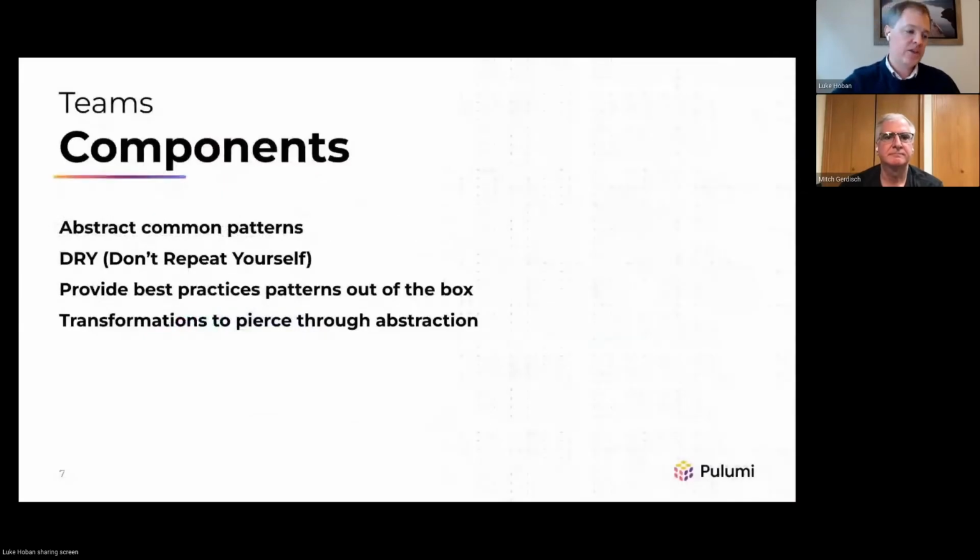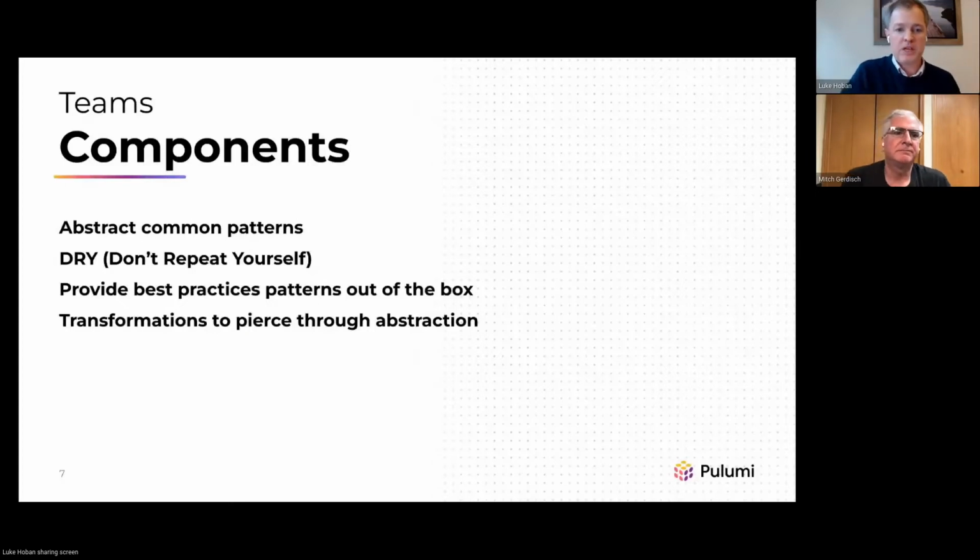Well, thanks, Mitch. Let me bring up the slides and we'll keep going from there. So for teams, when we think about the things that help with team productivity and team best practices, one of the first things we really think about is components. When we think about the fundamental benefits of software engineering, one of the really important practices is creating new abstractions.